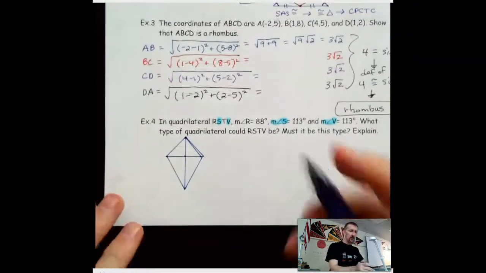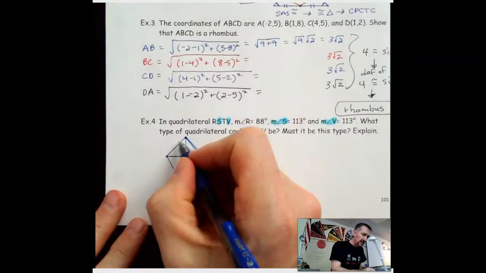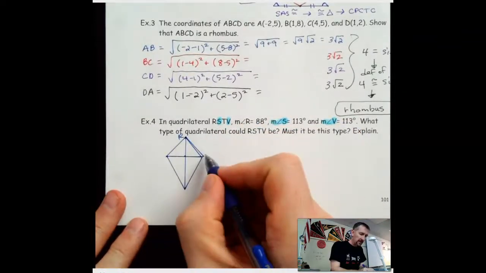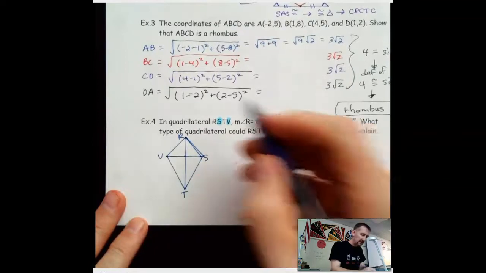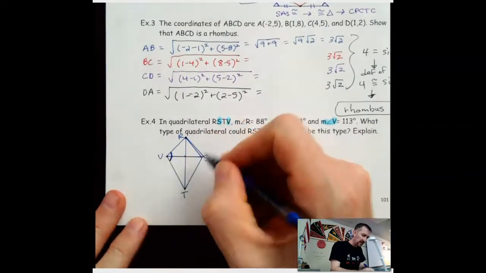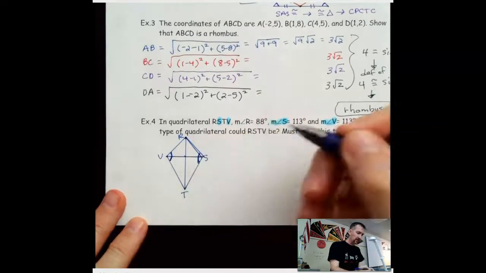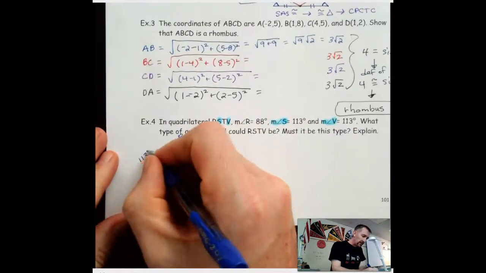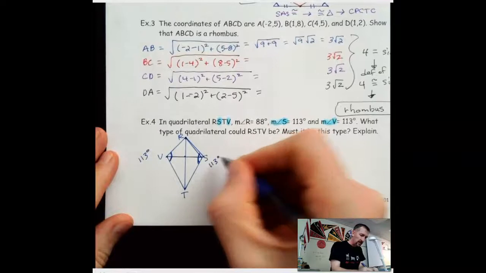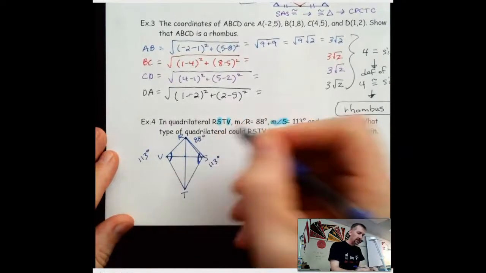So R is 88. I'm going to put R up here, and then S, T, V, and S and V were both 113. So those are congruent. All right. So we got 113, 113, and 88.